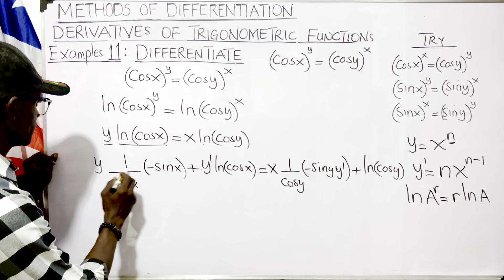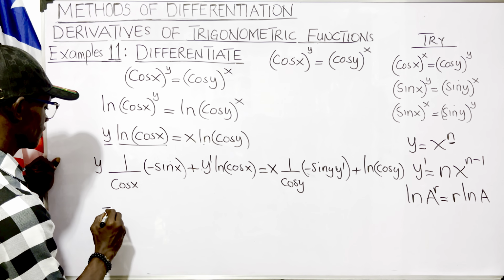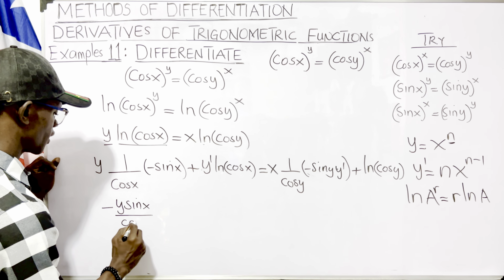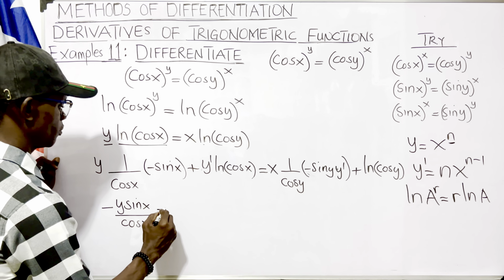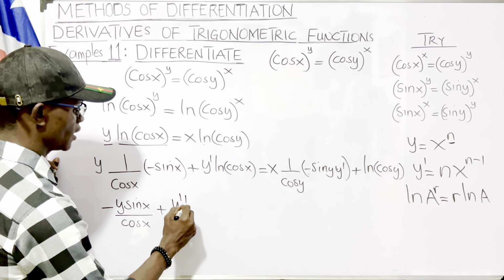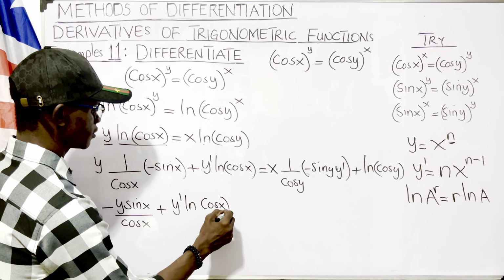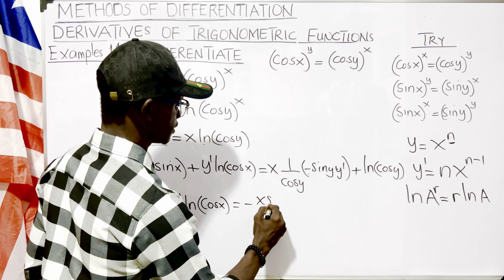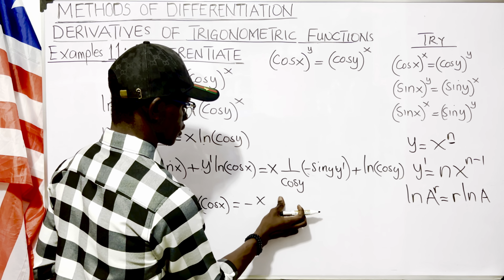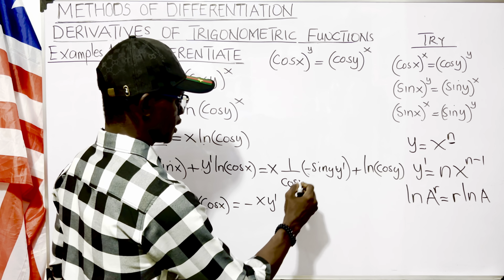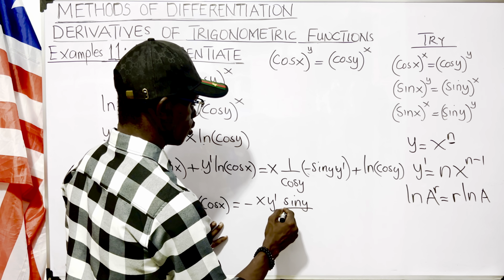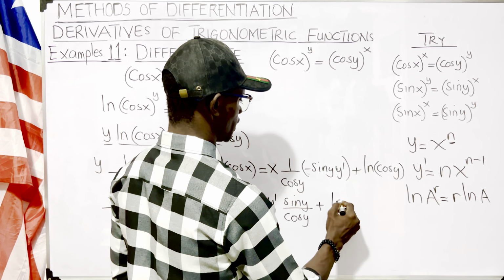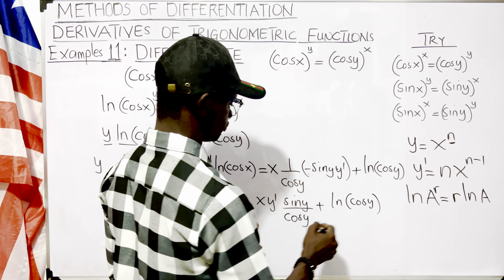So to simplify, on the left we have minus y sine of x all over cos of x, plus y prime ln of cos of x, all equals minus x y prime times sine of y all over cos of y, plus ln of cos of y.